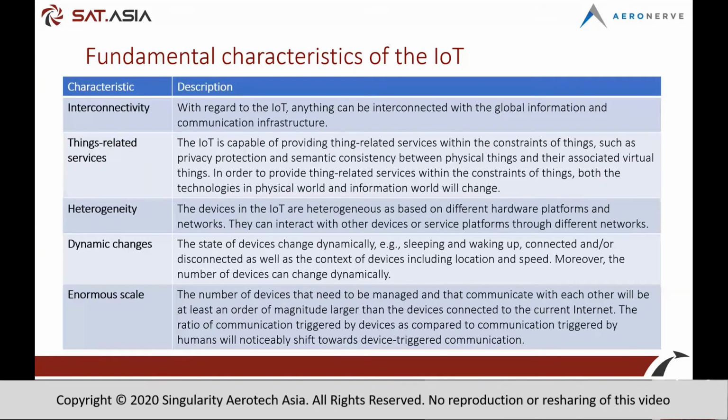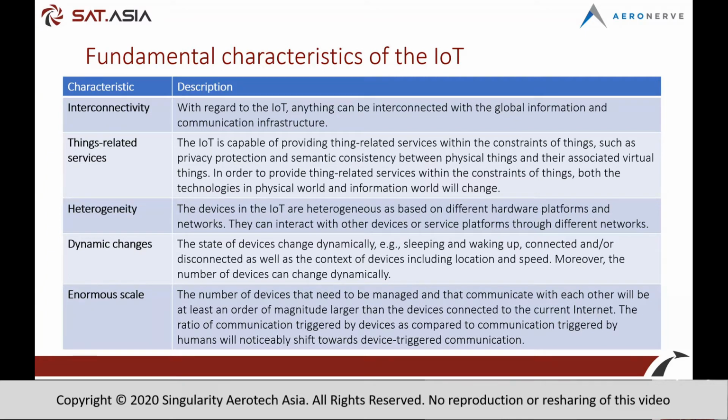Okay, so I will share with you the fundamental characteristics of IoT. When you talk to people, or when you start to think of what kind of solution you need that has IoT in it, it has to have these fundamental characteristics. The first characteristic is interconnectivity.